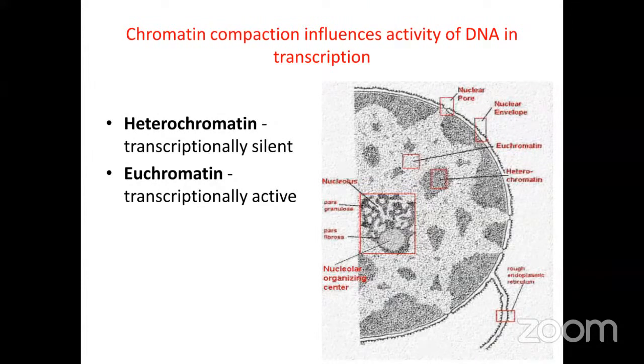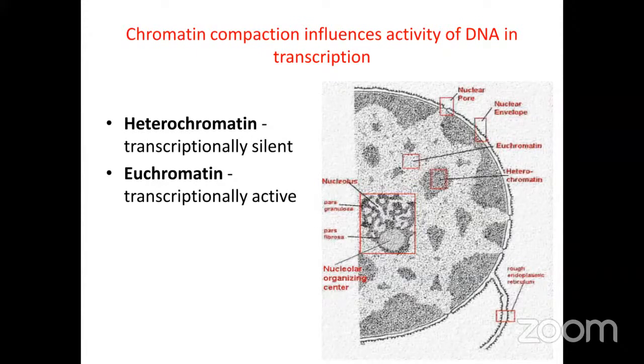When the human genome sequencing project was completed, we came to know that there are 23,000 genes in a human being, in a cell, in a nucleus, in the entire genome.